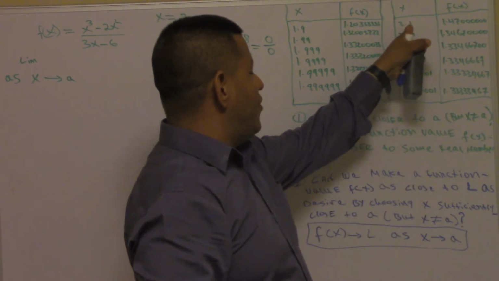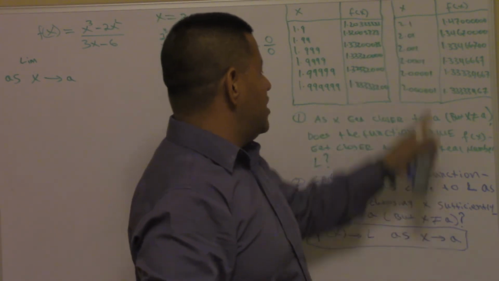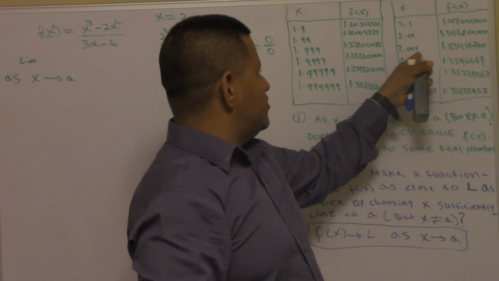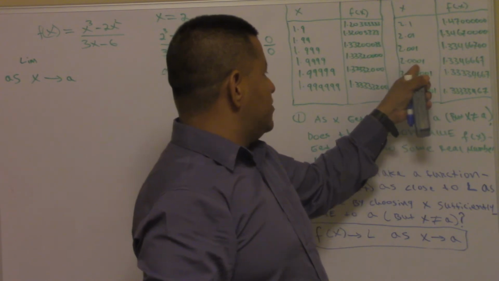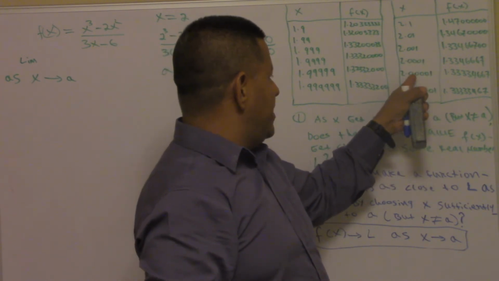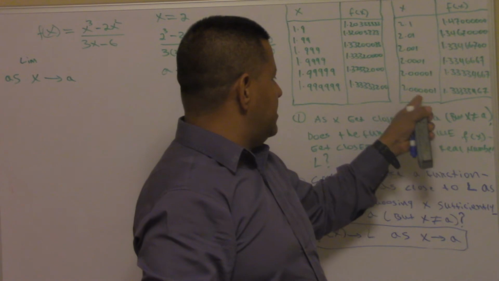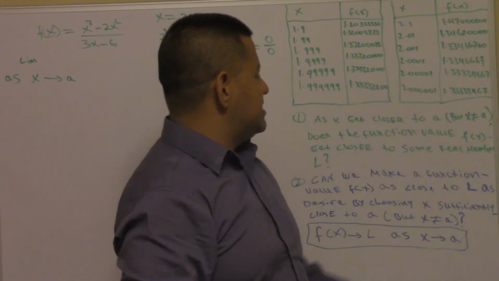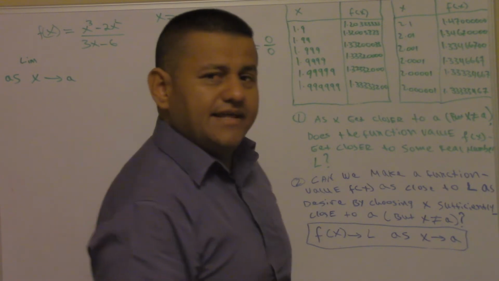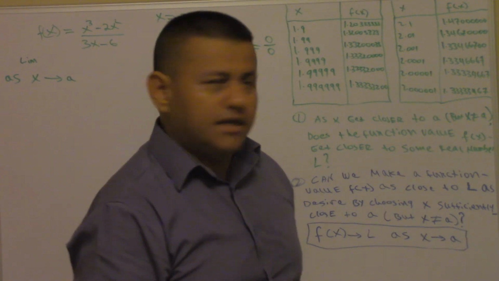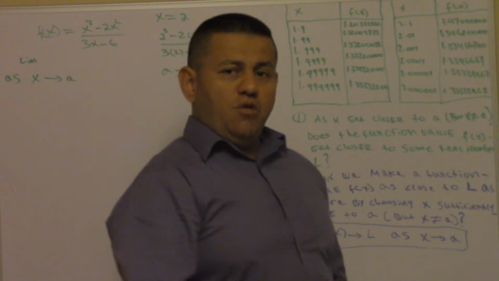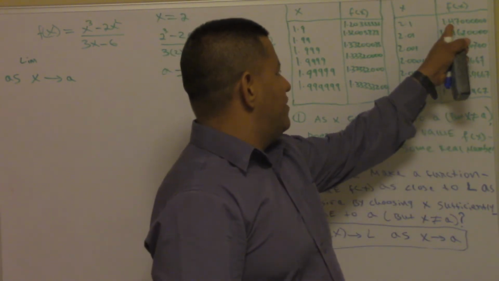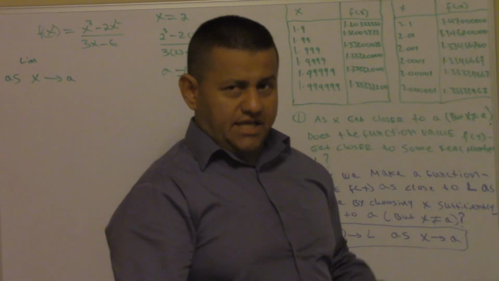It's 2.1, right? 2.01, 2.001, 2.0001. And notice that I am almost getting the same number at the end. Because the number of x was greater, I got a result for f of x that is greater.